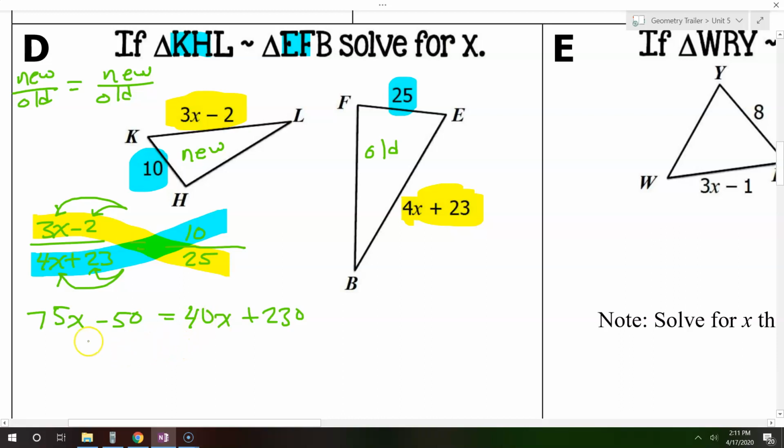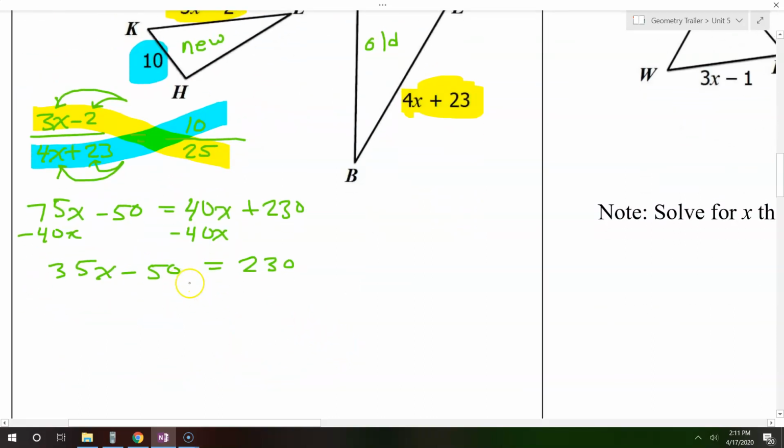All right, let's get these x's together by subtracting 40x from both sides. So that's going to leave me with 35x minus 50 is equal to 230. Okay, now I'm going to add 50 to both sides.